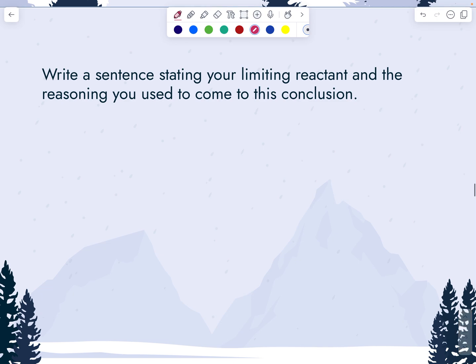So now we have to write a nice sentence that sums up the logic that I used. And the first thing I state is my limiting reactant, right? 100.0 or just 100 grams of sodium is the limiting reactant. Right?